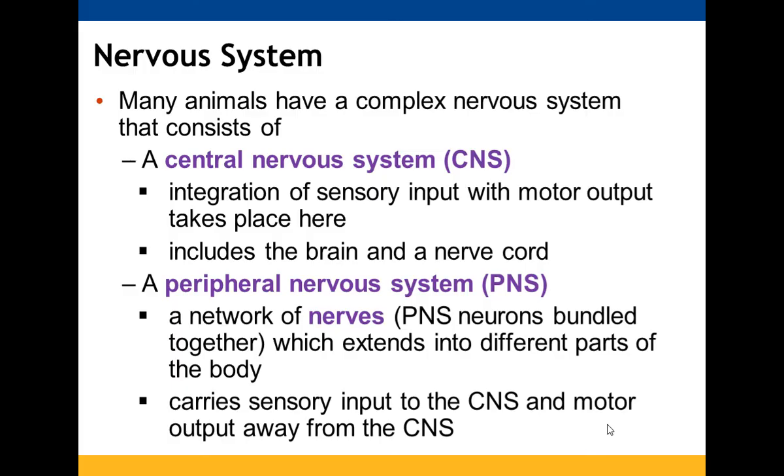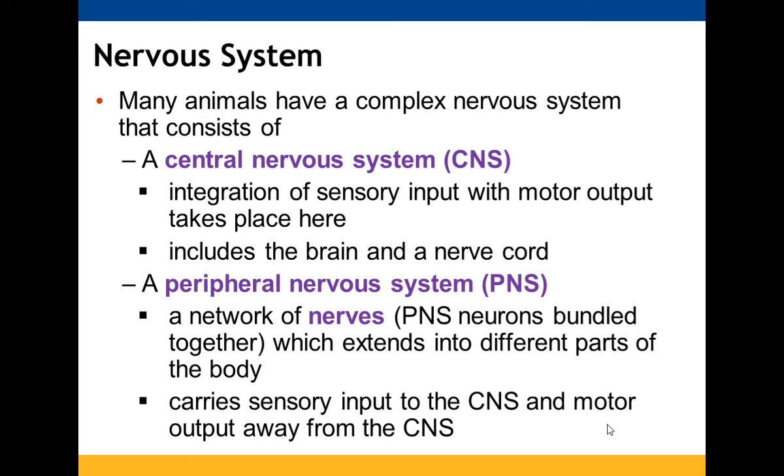So, nervous system, again, we're going to spend a lot more time on this in the next chapter. Animals have a pretty complex nervous system that consists of two parts: central nervous system and peripheral nervous system. The central nervous system is where the sensory input is integrated with the motor output, your brain and your nerve cord. The peripheral nervous system are your nerves that extend into different parts of your body, tend to be bundled together.